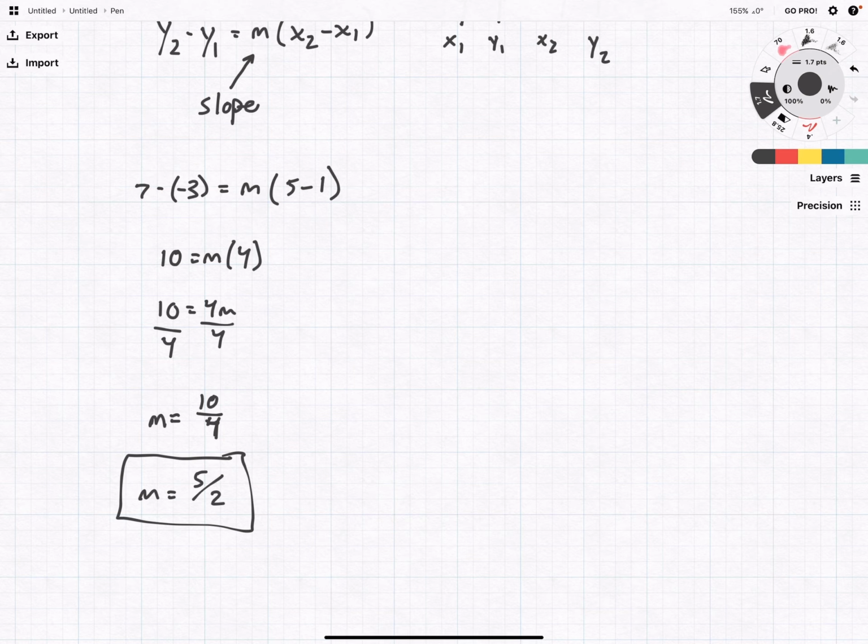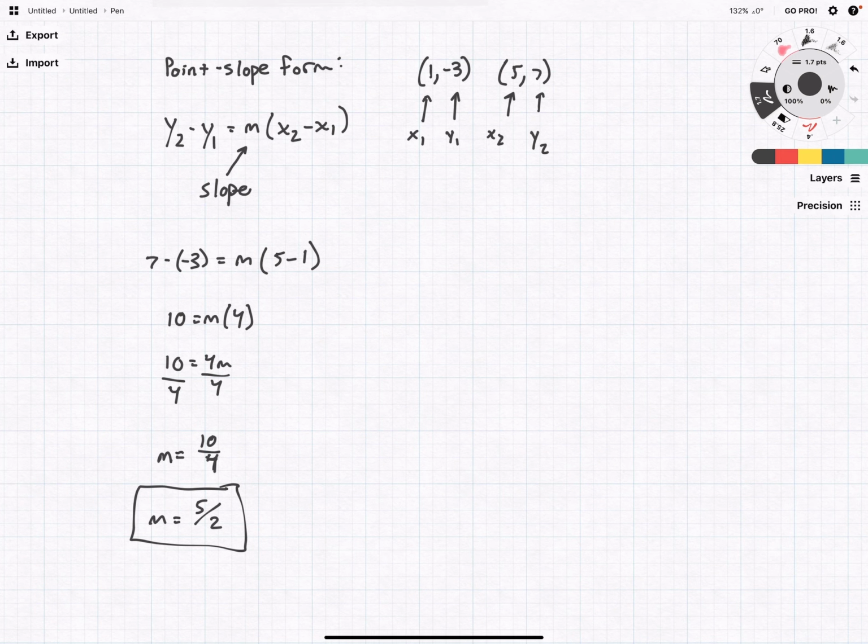Now that we have 5 halves for our slope, let's take another point at random. So let's take, just for positive numbers, this (5, 7) here. So now we're going to use what's called slope-intercept form. And slope-intercept form is kind of the standard y equals mx plus b that we see frequently with any sort of linear equations, right?